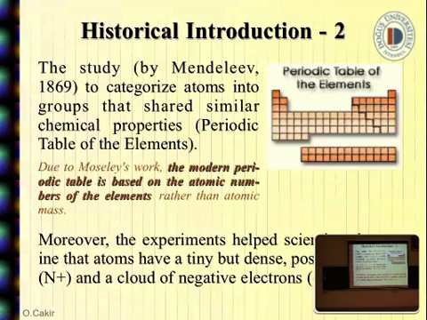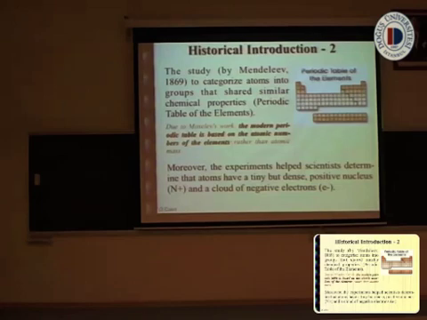Okay, Mendeleev categorized atoms into groups that share similar chemical properties, but later Moseley's work showed that the modern periodic table is based on the atomic numbers of the elements rather than atomic mass.